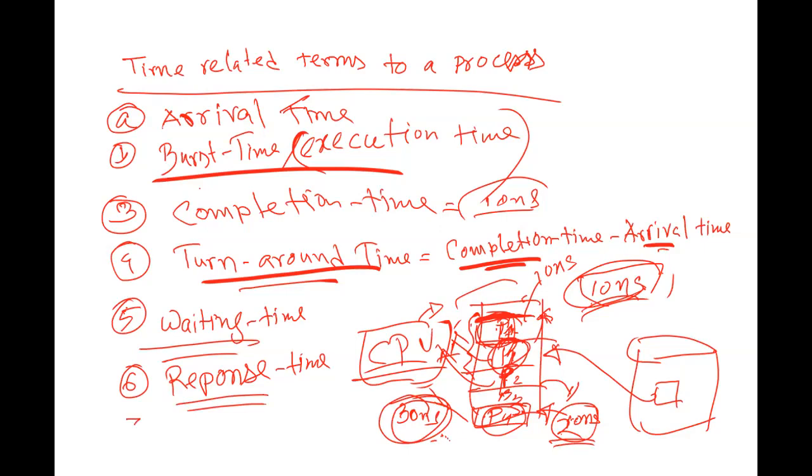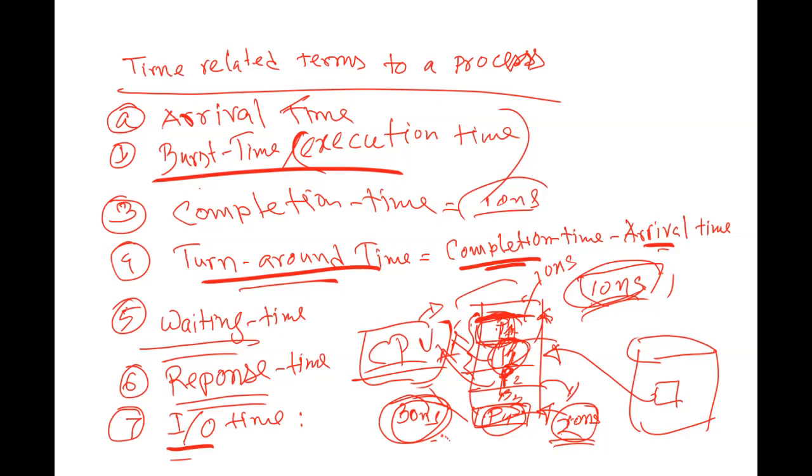And another is the IO time. IO time is the amount of time a process spends performing IO.